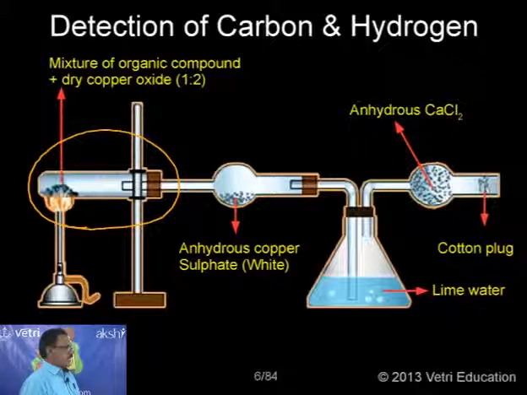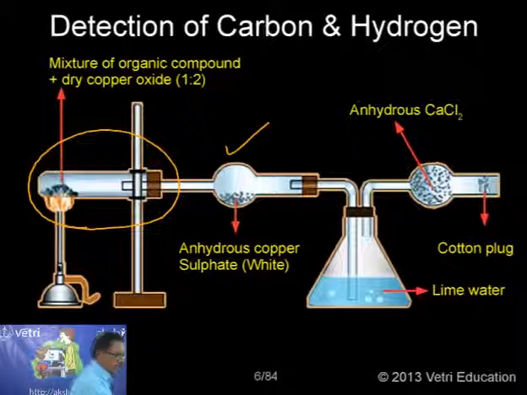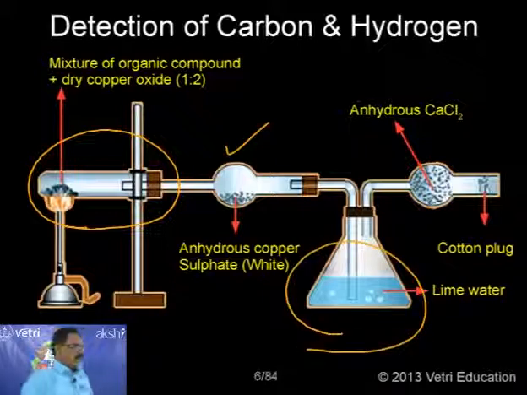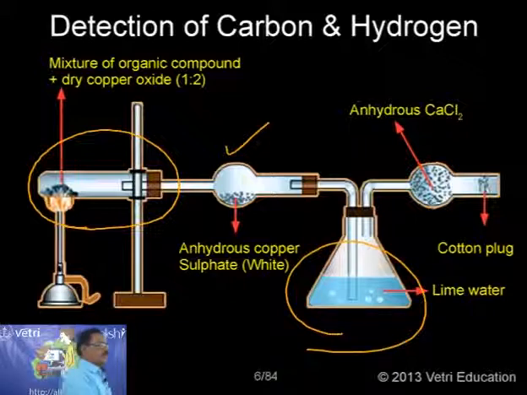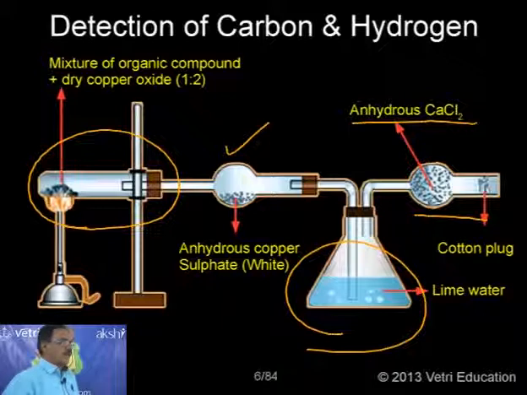Connected to that is a tube having anhydrous copper sulfate, which is white in color, and that is connected to a flask containing lime water. Which is again connected to another tube containing anhydrous calcium chloride, that is called a guard tube, whose end is just blocked with a cotton plug. Okay, this is the apparatus.